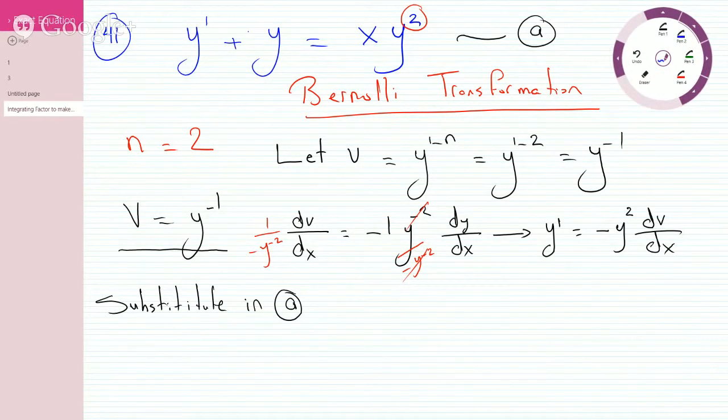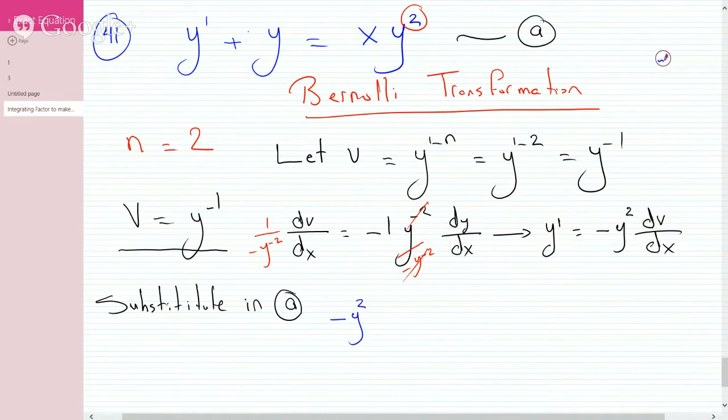So when I substitute back into the differential equation, now I have into a, y prime is minus y squared dv over dx plus, what's y? We already said, from here I could solve for y in terms of v. So from here I can say, just raise both of these to the minus 1.